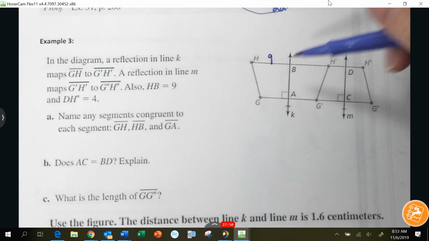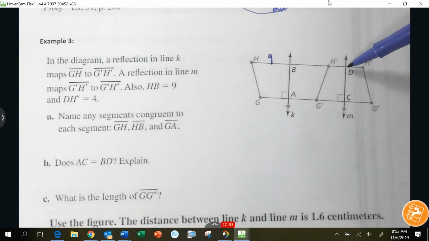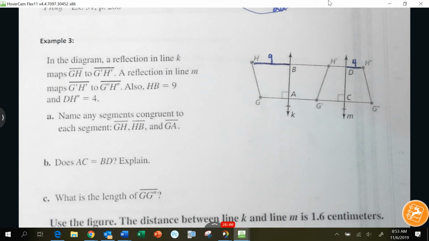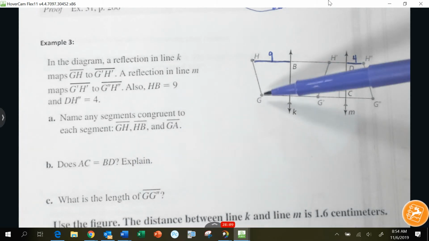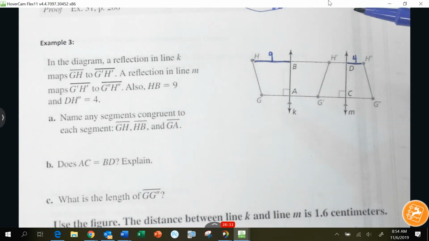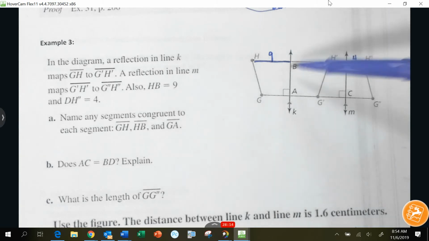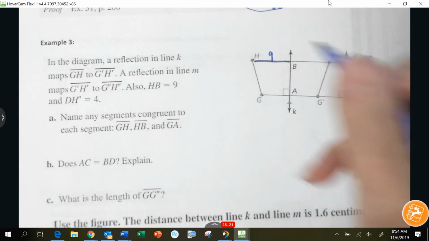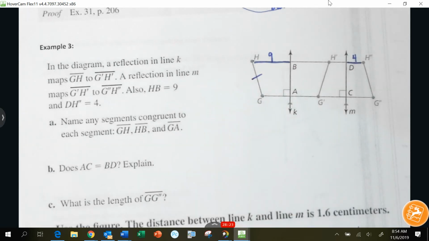D to H double prime is 4. Name any segments congruent to segment GH, HB, and GA. Where's GA? Oh, right here. So do we have anything congruent with HG?